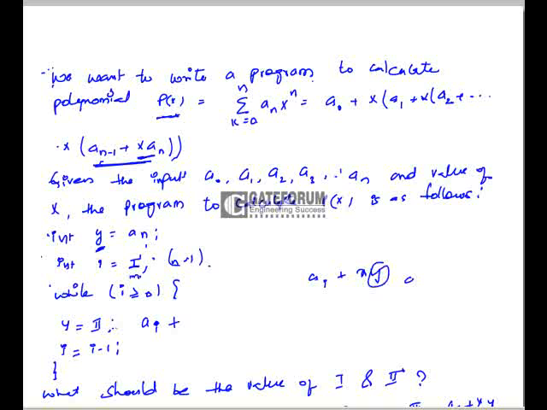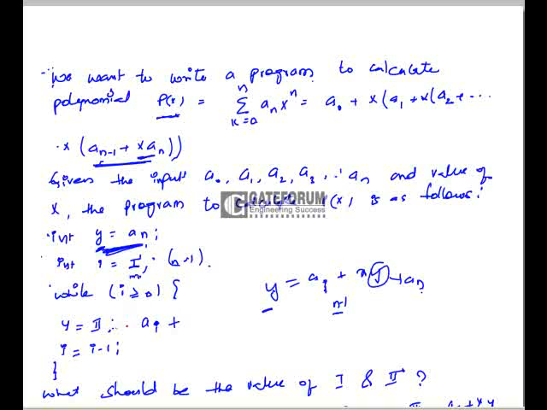Here y we have declared as a n. Initially y is declared as a n, and this i is n minus 1. This total thing will be y.